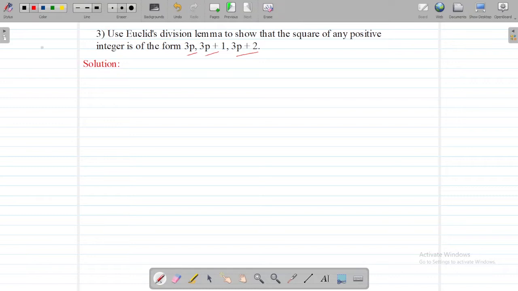So for that we will take the value: let a be the square of an integer.